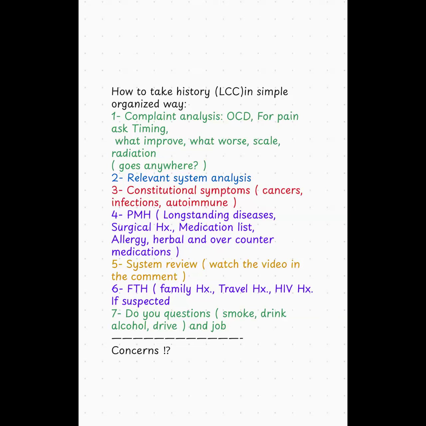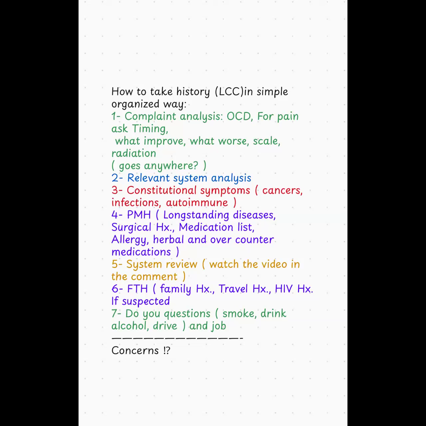Third, the constitutional symptoms, particularly if you have a patient with fever. You have to ask about this initially, because if you have fever, you may not have a relevant system. It might be a systemic complaint.